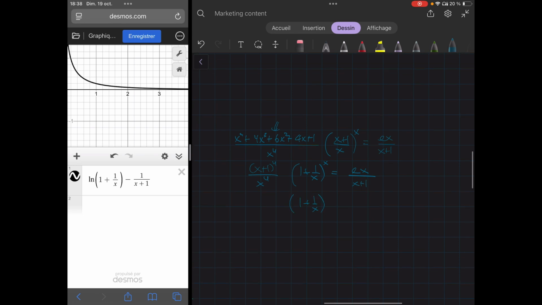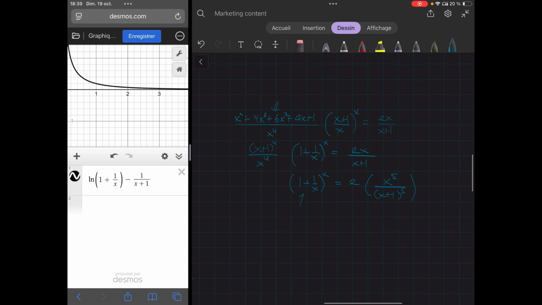So the left hand side, we have this curve. On the right hand side, we have this curve. The limit as x tends to infinity of this guy we showed to be e.